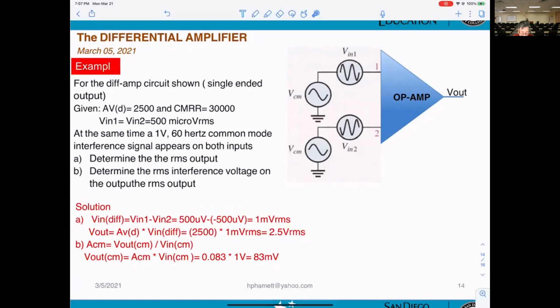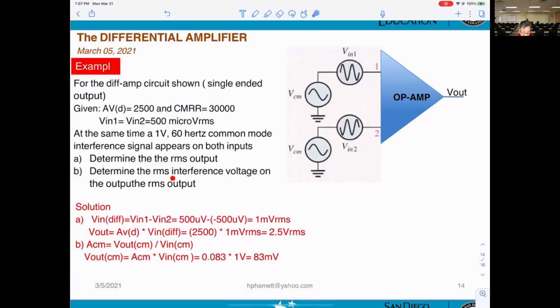Basically, the differential voltage input will be 1 millivolt. That's why they're telling you both have to be opposite. If they're not opposite, they cancel out. So Vout equals AVD times Vin differential, and you get 2.5 volt.